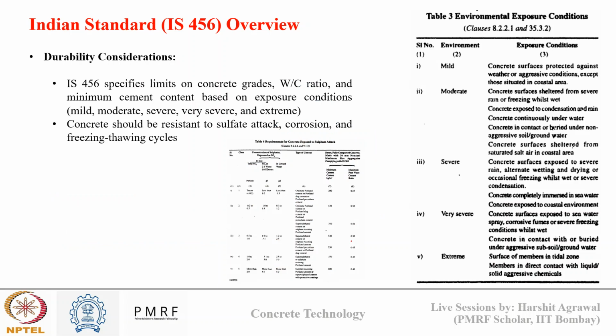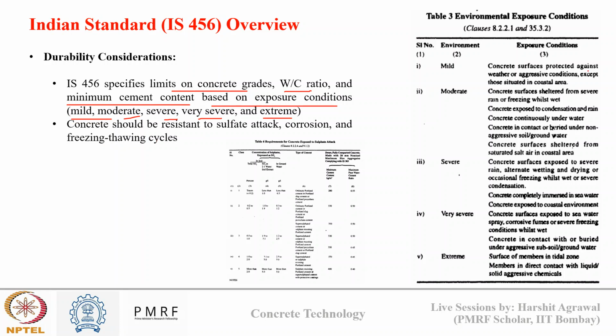And the fifth and the most important point from IS 456 is the durability requirement. IS 456 specifies limits on concrete grade, w by c ratio, and minimum cement contents based on exposure condition. Exposure condition can be mild, moderate, severe, very severe, and extreme.